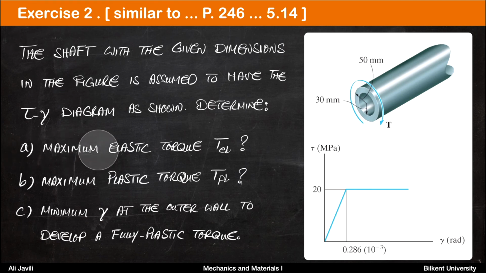Determine maximum elastic torque, T elastic. So in part A, we want to calculate T elastic. Maximum plastic torque, T plastic. That's what we do in part B. In part C, we are asked to calculate the minimum shear strain, minimum gamma, at the outer wall to develop a fully plastic torque.